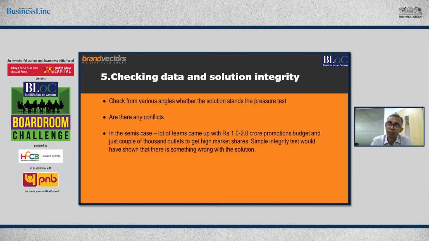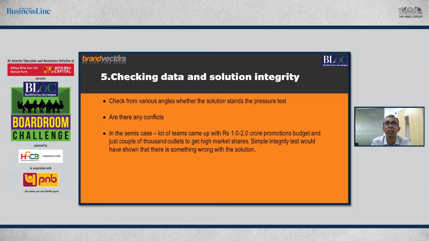Once we have that certain solution, a very critical step after that is data integrity. I've noticed this in quite a few of the groups that we have seen, there were groups which did a fantastic amount of background work, and then suddenly a 1 crore total advertising budget across India, leading them to get some 5% market share or 7% market share.